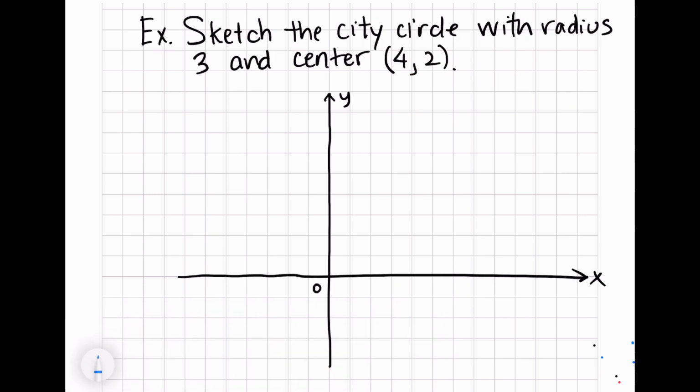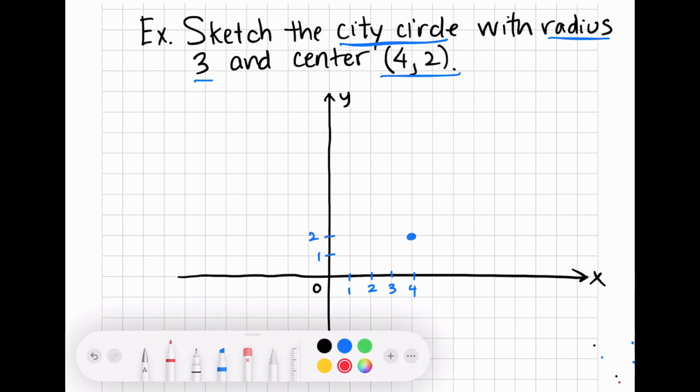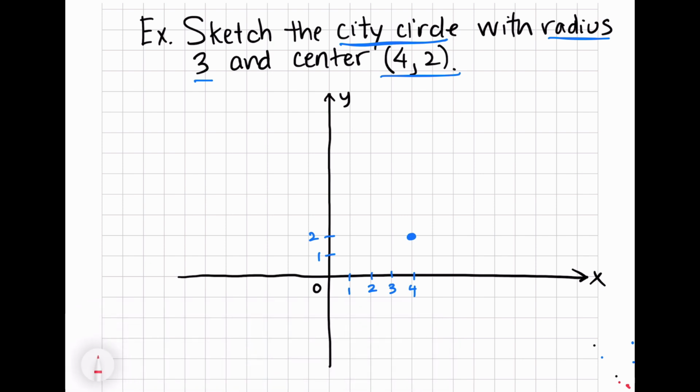Okay, the last thing I want to do for you is sketch the city circle with radius 3 and center 4, 2. The first thing I'm going to do is draw the center. 1, 2, 3, 4. Here's the center of my city circle. Remember that a circle is the collection of all points that are a distance 3 from the center.